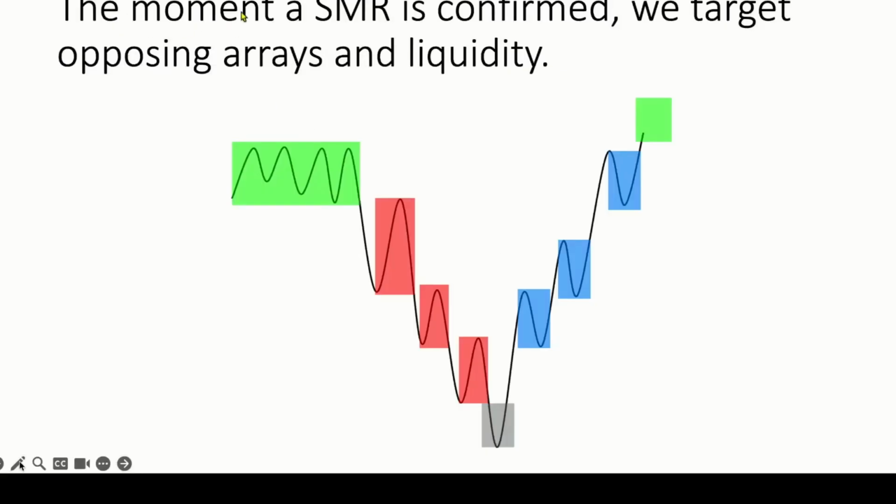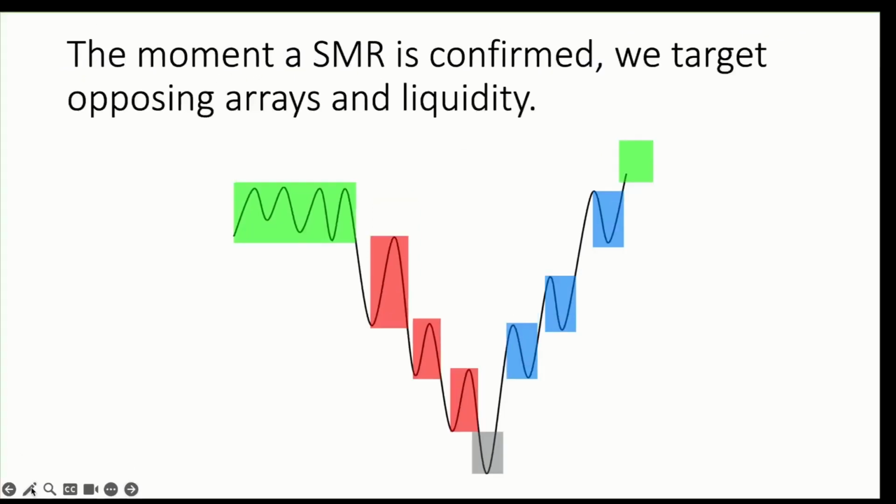The moment a smart money reversal is confirmed, we target opposing arrays and liquidity pools. So that means that if we're in a market maker buy model, the moment that the smart money reversal is confirmed right here, we target buy side liquidity above all highs on the left side of the curve, and more specifically the original consolidation.